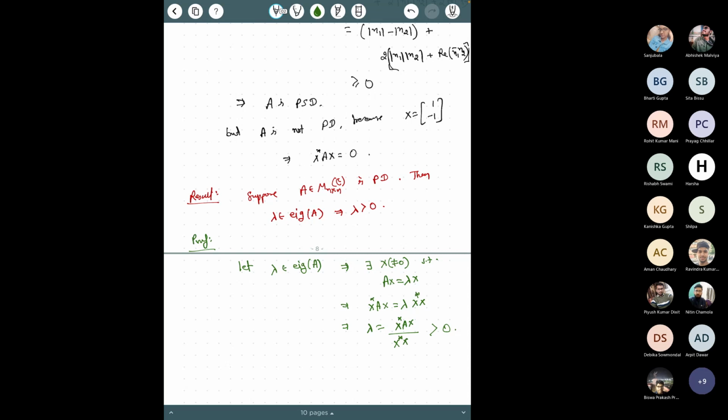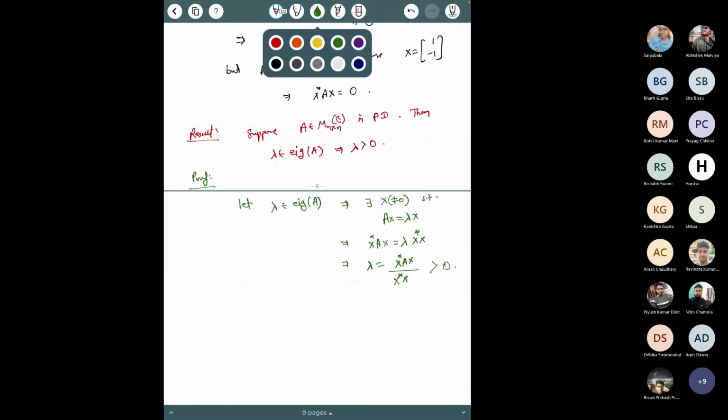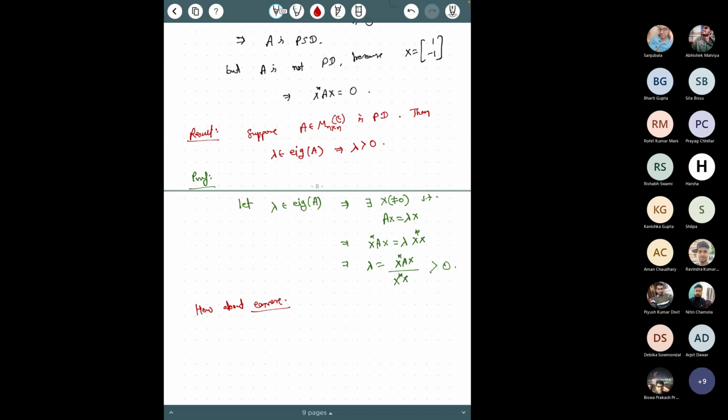Now how about the converse? What would be the converse statement? If all eigenvalues of matrix A are positive, then A is positive definite.